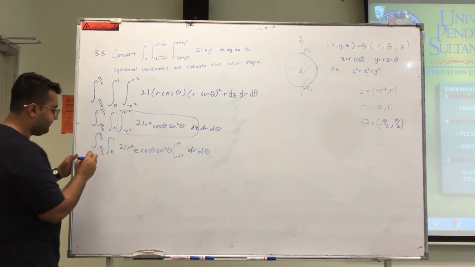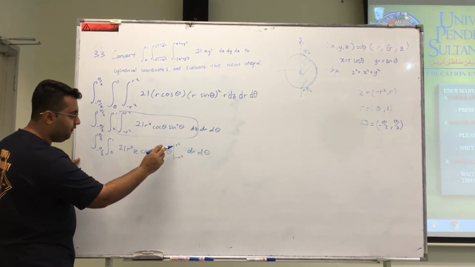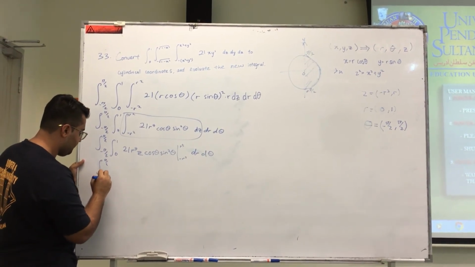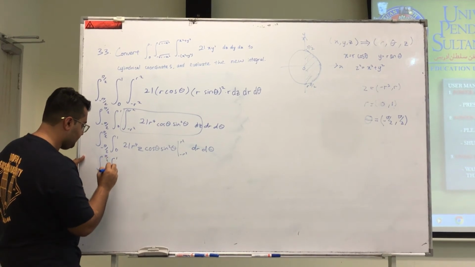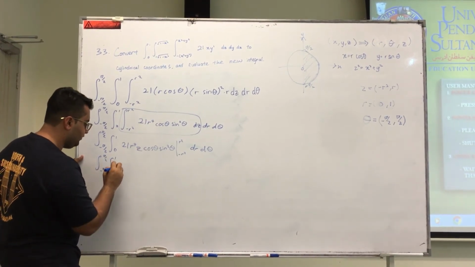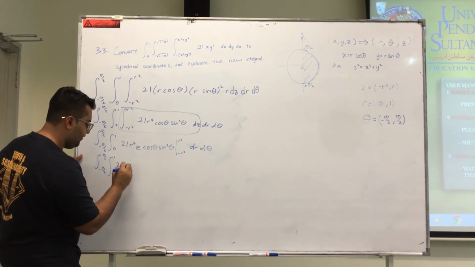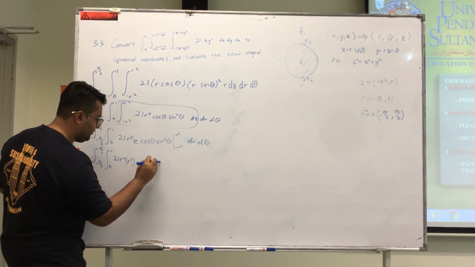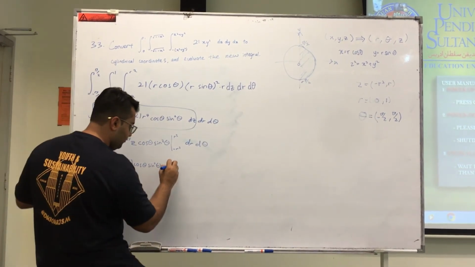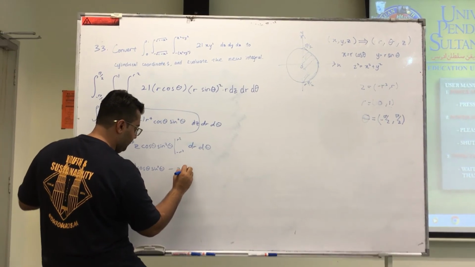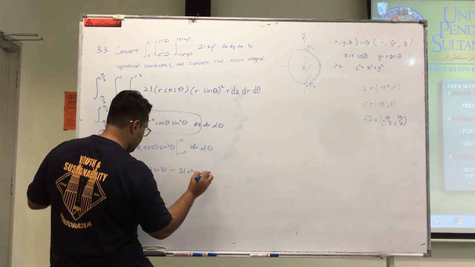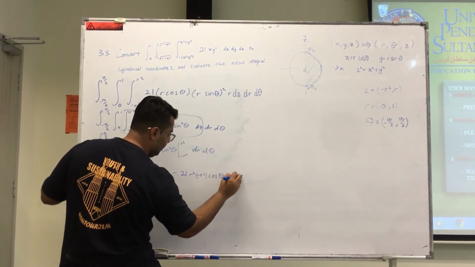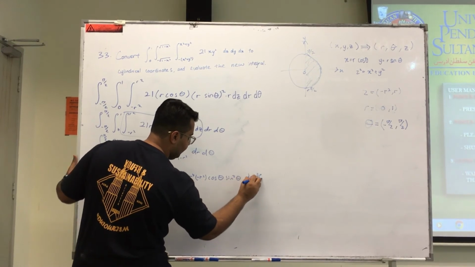Okay, at here I'll be substituting the value of r square. 21 r^4 r square cos theta sin square theta minus 21 r^4 negative r square cos theta sin square theta dr d theta.